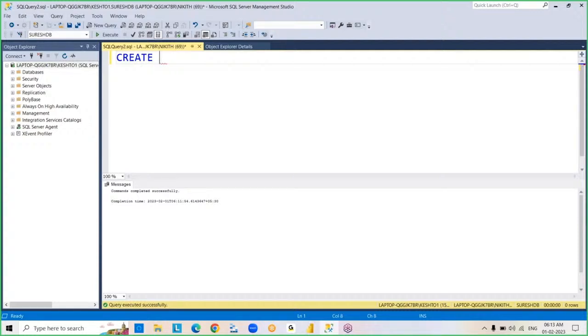Because in SQL Server environment, data can be stored in the form of tables only.